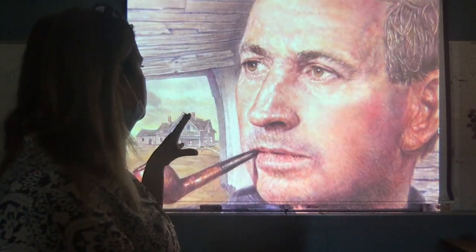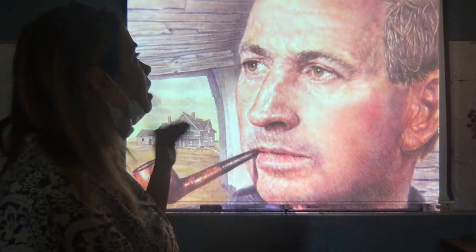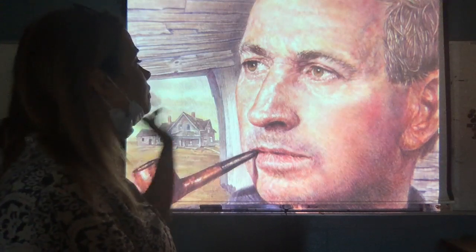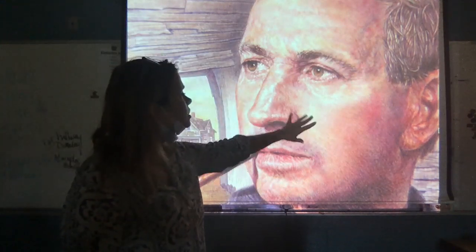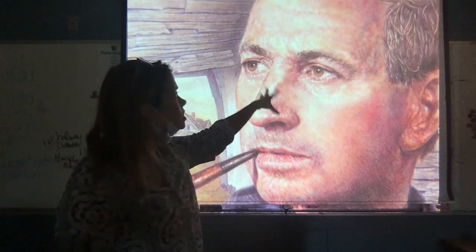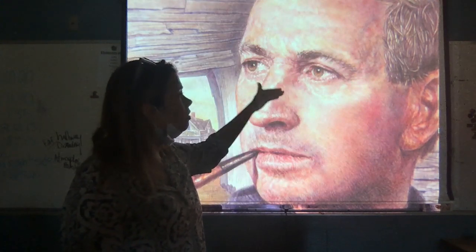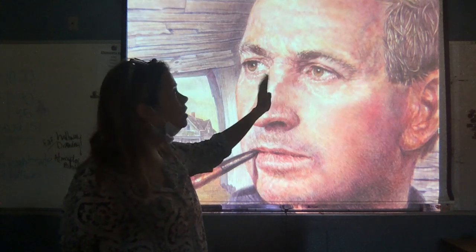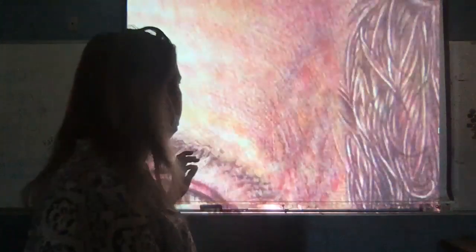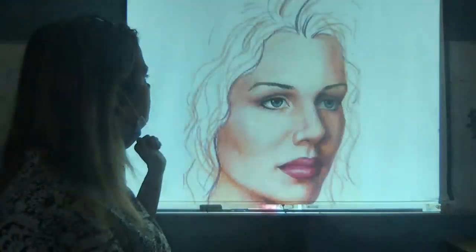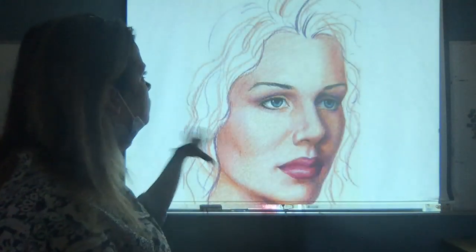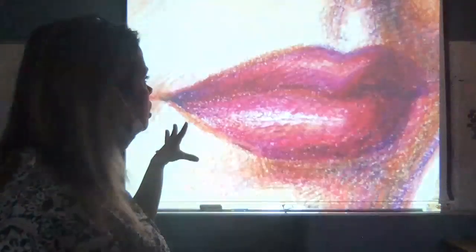I'm showing this because this is color pencil. This is lots and lots and lots of layers of color pencil. You can see some hatching and cross hatching, some terminology we've learned in Art 1. You can see that now being used in color pencil form. So not everything has to be blended and smoothed out. Beautiful layerings of color.